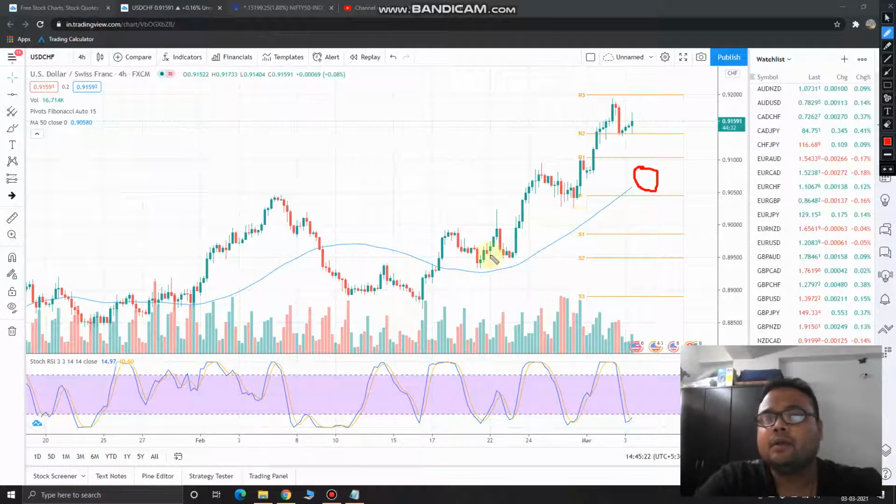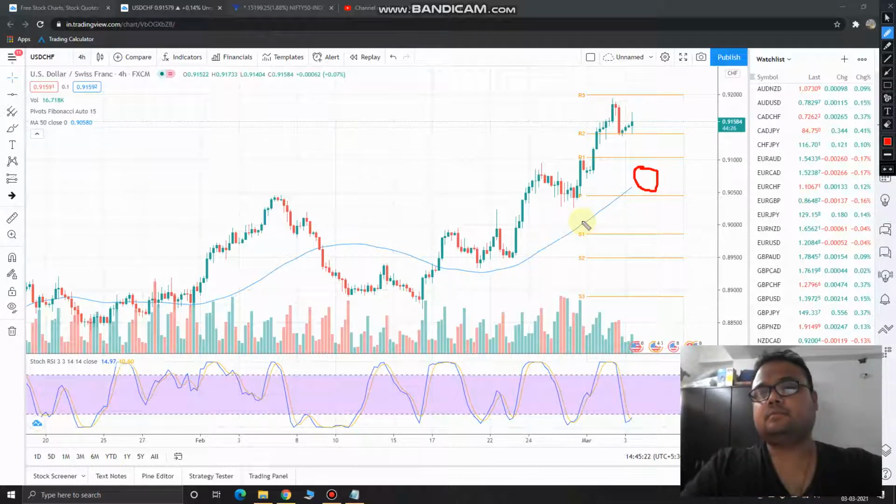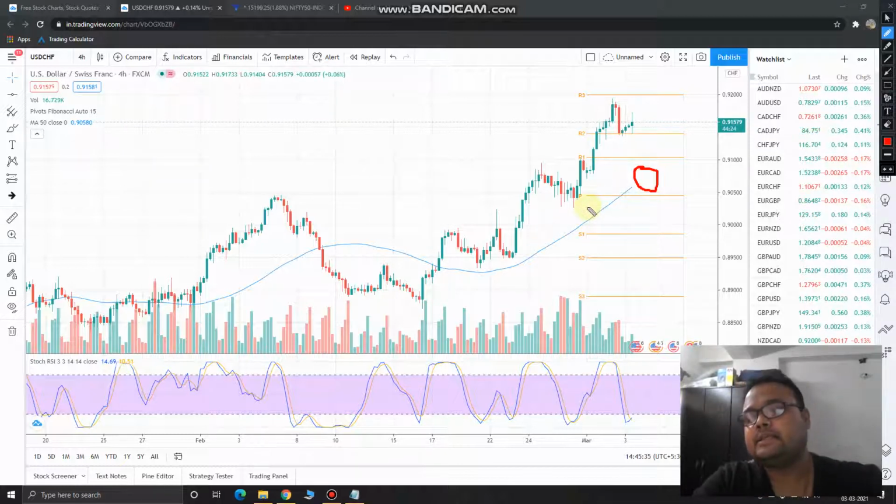Generally it takes support at the dynamic moving average and then it bounces off, and that is the ideal position to buy. But for USD Swiss franc we see that it is not taking support at the 50 moving average, it is just trading above. Okay, so in that case what to do?